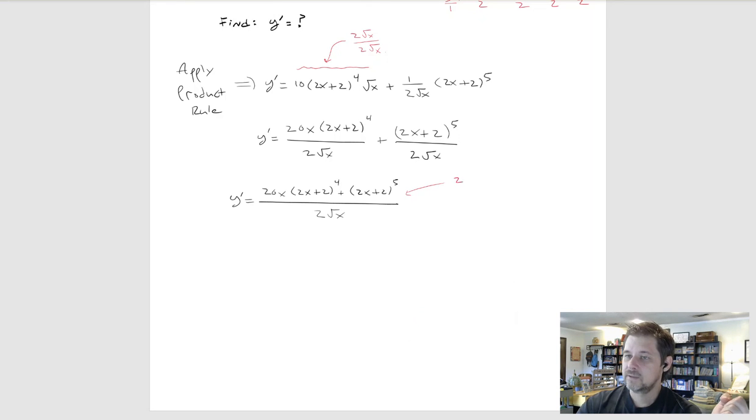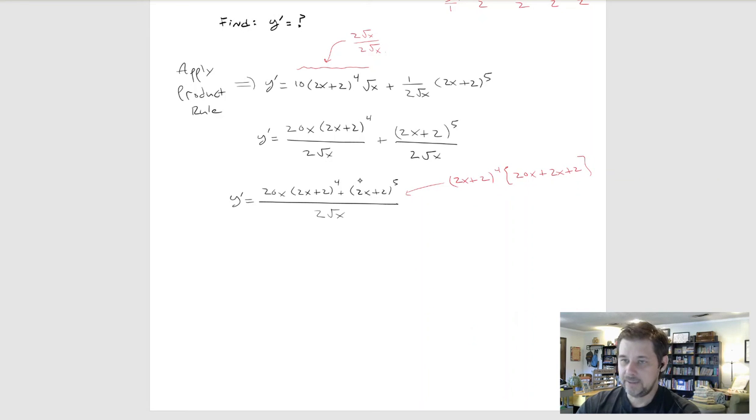Okay, so I'll do (2x + 2)^4 because that's the most that these two terms have in common. And then I'll get a 20x left over from this first term if I take away (2x + 2)^4. And then over here I'll get (2x + 2) to the 1st power, which I can just write as 2x + 2.